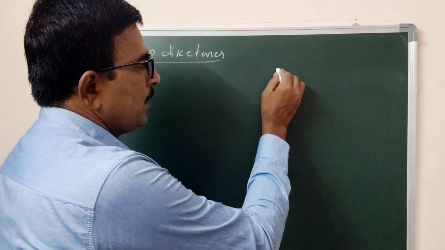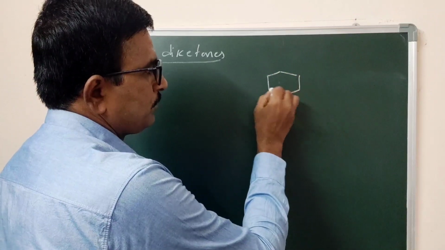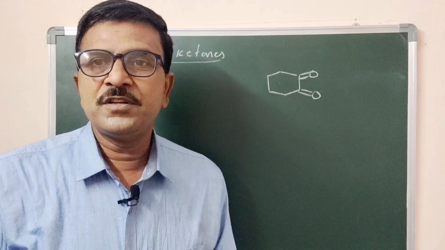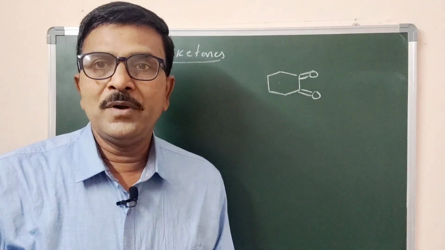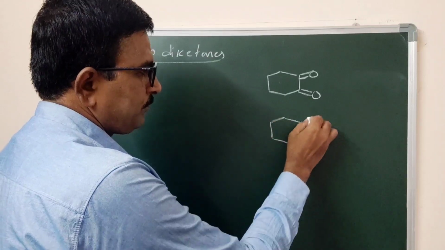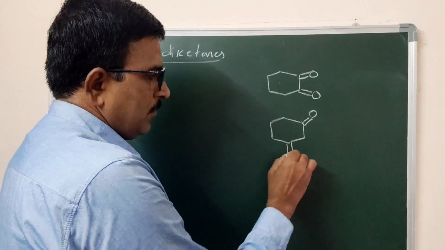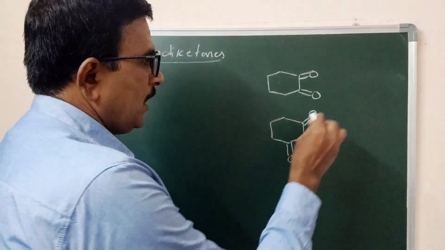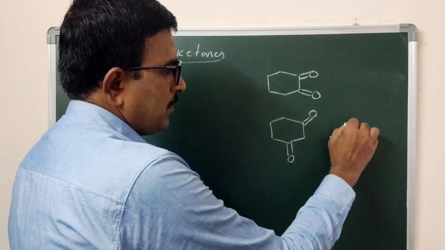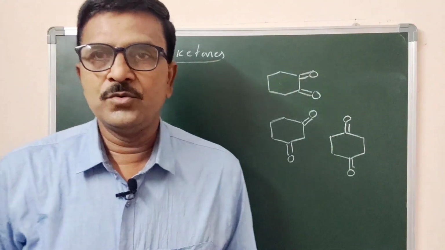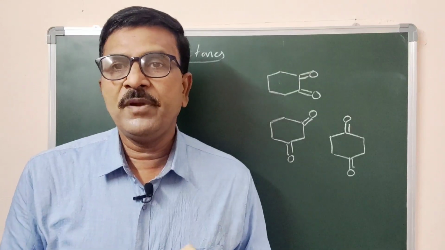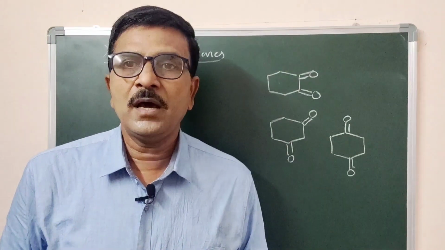For example, you take 1,2-diketone where the carbonyl group positions are 1 and 2. So the diketones may be 1,2 or 1,3, 1,4 depending upon the position of a carbonyl or keto group in a molecule.